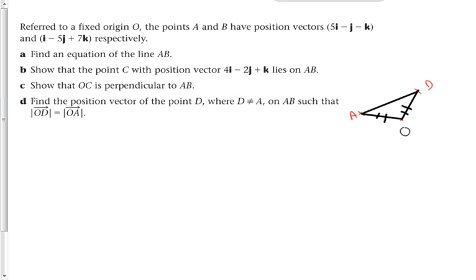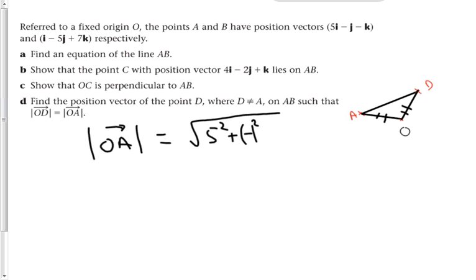So let's work out the distance OA. It is equal to the square root of 5 squared plus -1 squared plus -1 squared. That is equal to the square root of 27, which is equal to 3 root 3.